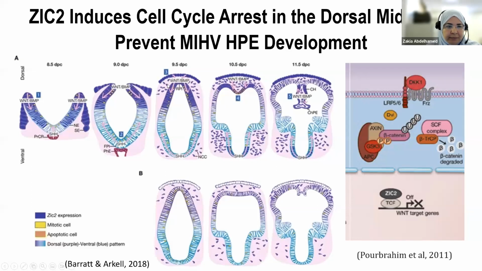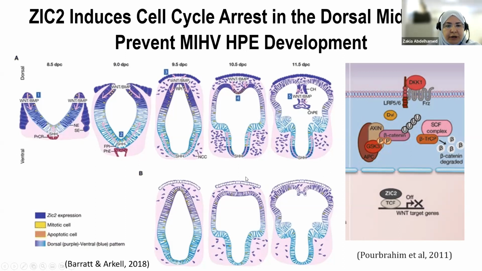As I just showed you, it is expressed in the dorsal region with Wnt and BMP. When ZIC2 is not there, or there is a mutation affecting the ZIC2 gene, the high level of cell death is not happening in the dorsal midline.